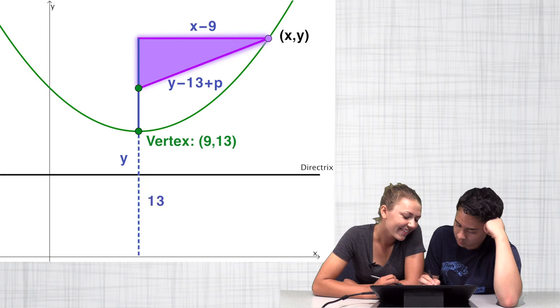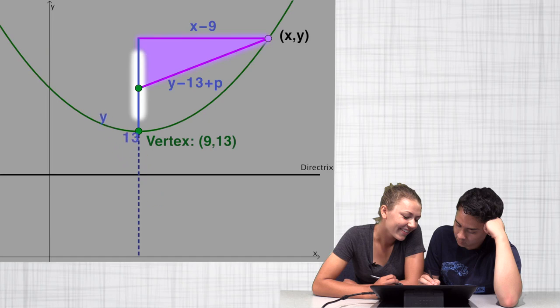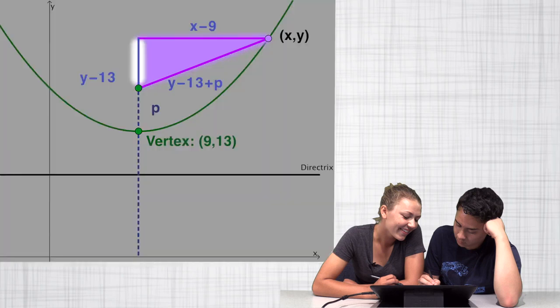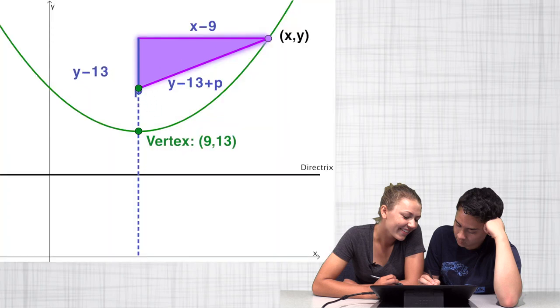They were left with a segment that is y minus 13 units long. But that's longer than the vertical side of the right triangle. So they removed the distance from the vertex to the focus, which is p units. This means that the length of the vertical side of the right triangle is y minus 13 minus p.